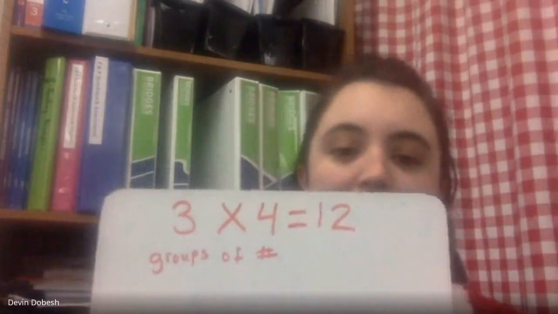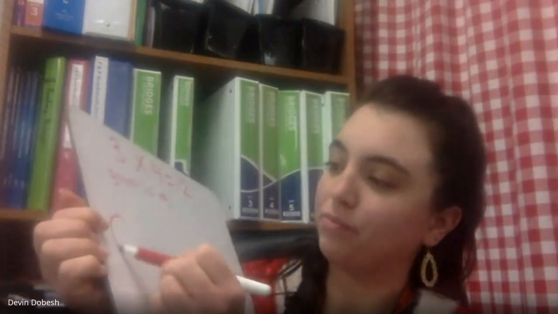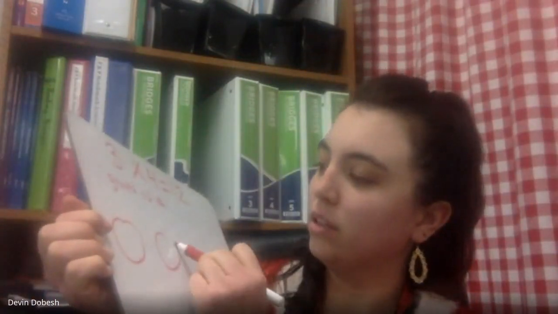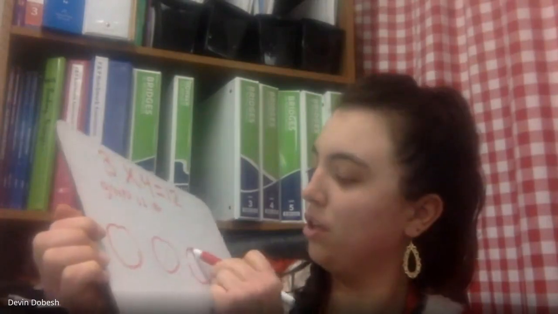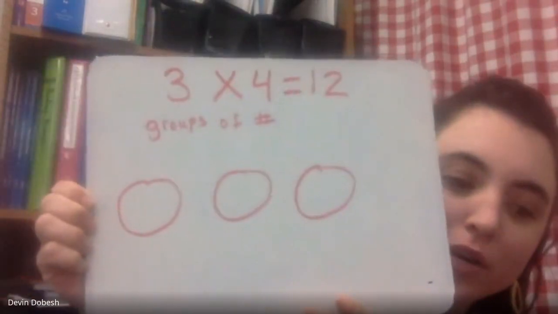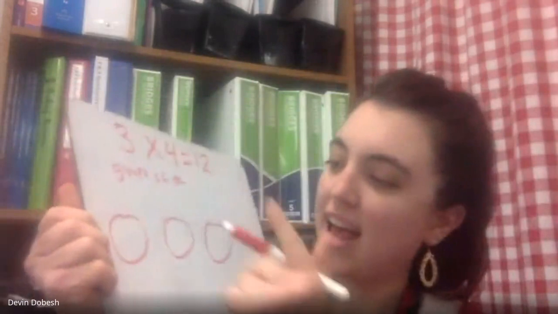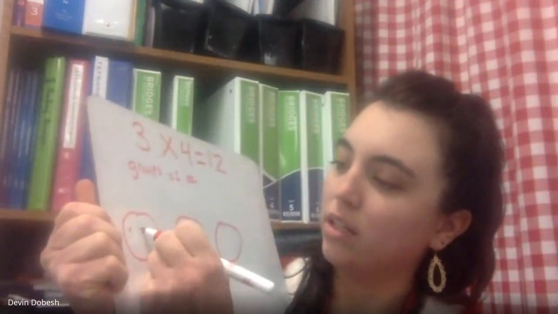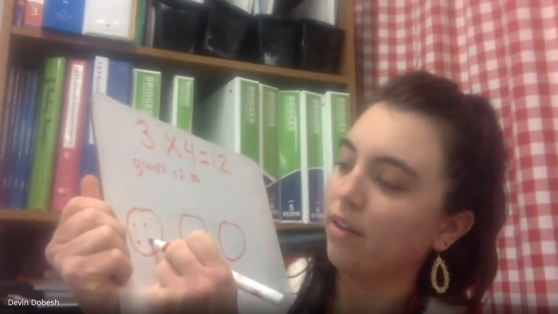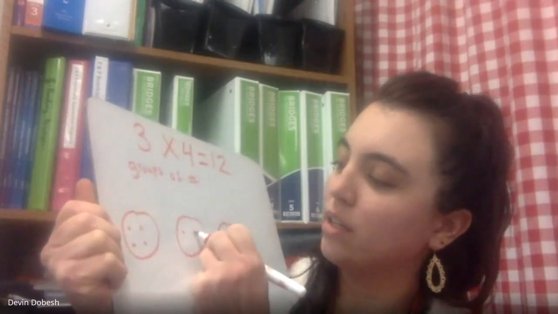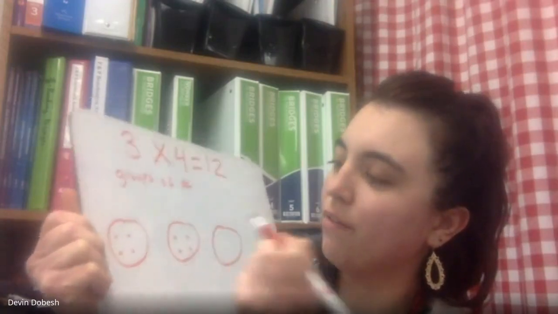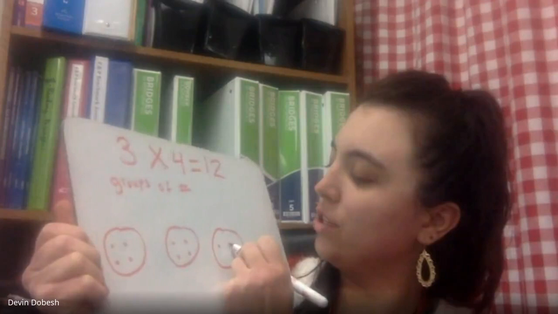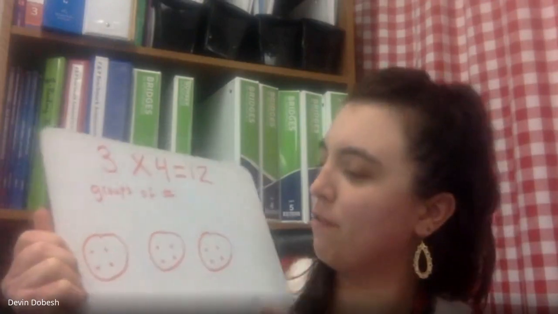So we've been practicing a lot of drawing our pictures. 1, 2, 3. 3 groups. And then we do 4. 1, 2, 3, 4.